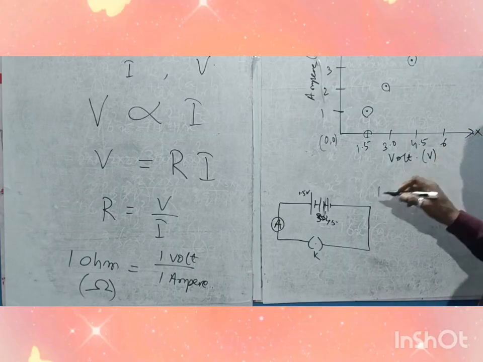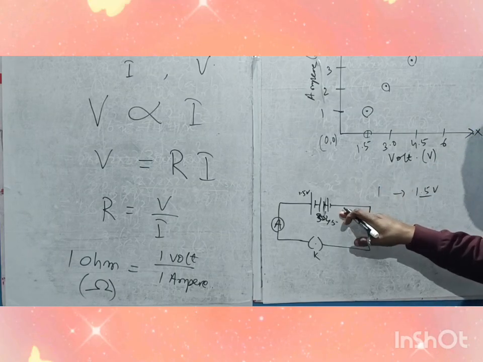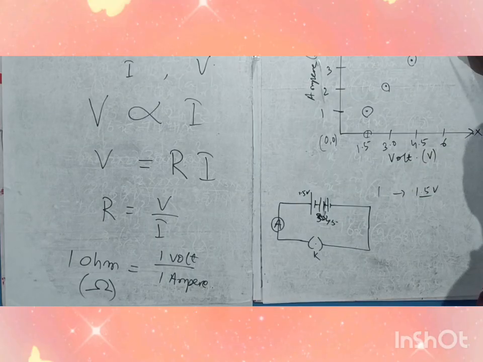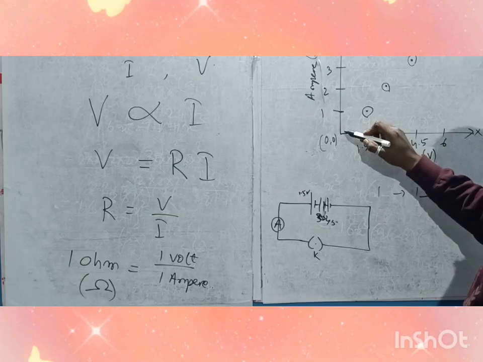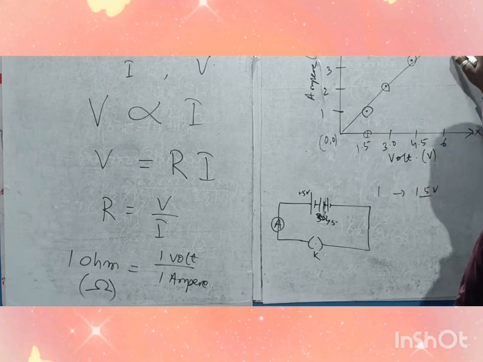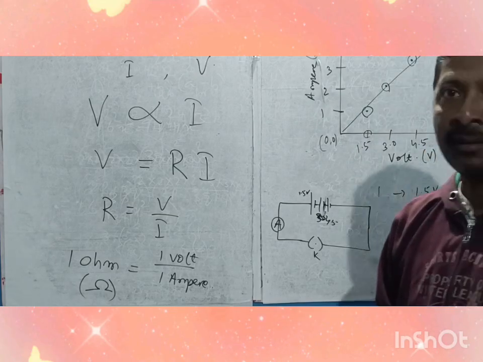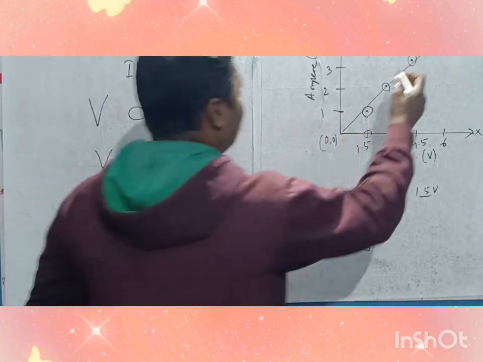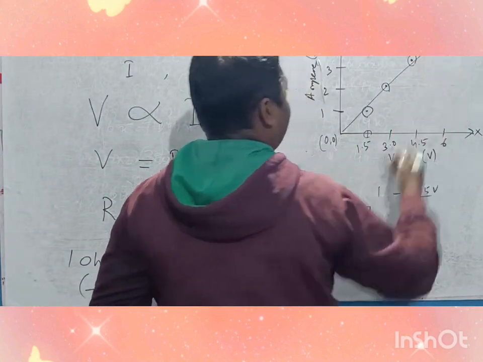Similarly, after adding one more cell, it will be 6 volt, 4 into 1.5, and it will be 4 ampere, like this. So, joining to the origin, I will get a straight line. I am getting a straight line.